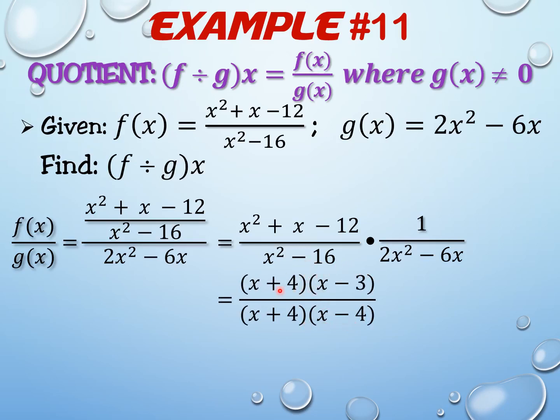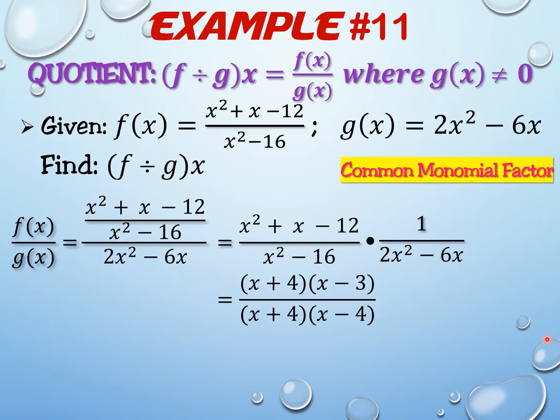And this one is our answer earlier, x plus 4 and x minus 3. So 4 is in the positive because you have the middle term positive. The higher number should be in the positive sign. Okay, now for this one, so we can factor 2x squared minus 6x. If you will notice, there is a common factor for 2 and 6.